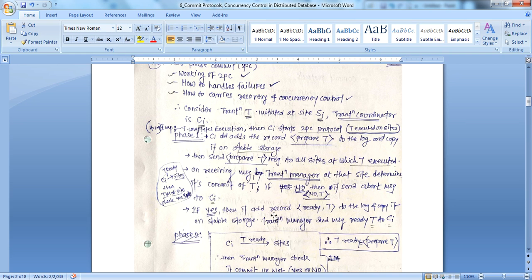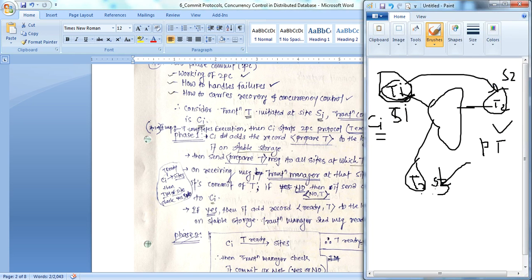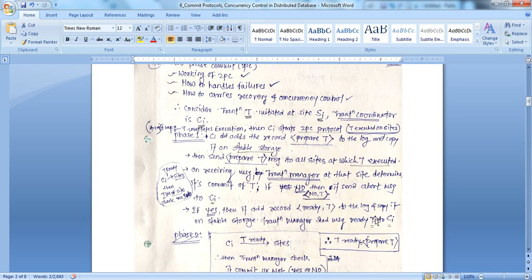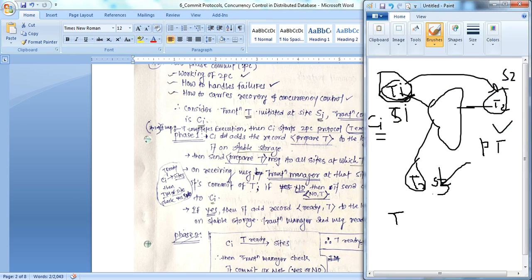If yes, then it adds the record ready T to the log and copies it onto stable storage. The transaction manager then sends a ready T message to Ci. The particular site's transaction manager sends the ready T message to Ci.